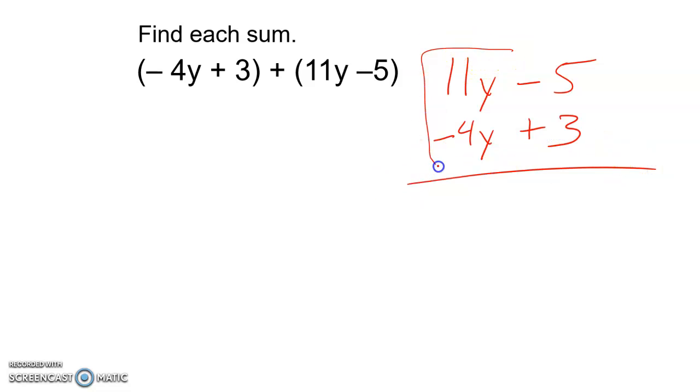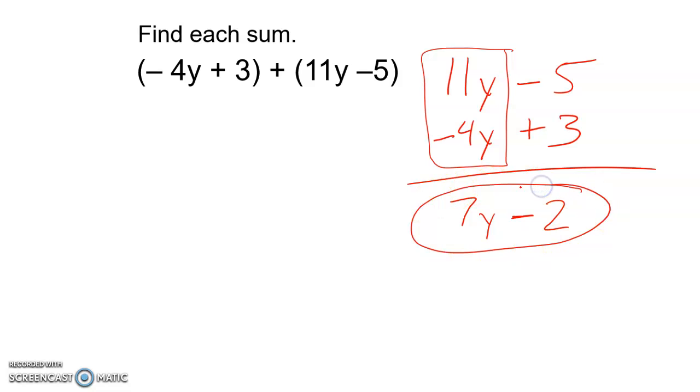So I have these stacked with the y's. They are like terms. So 11 and a negative 4, you subtract. There's more positives, so I end up with a 7y. And a negative 5 and a positive 3, they have different signs, so I subtract. I get a negative 2. So 7y minus 2 would be my answer.